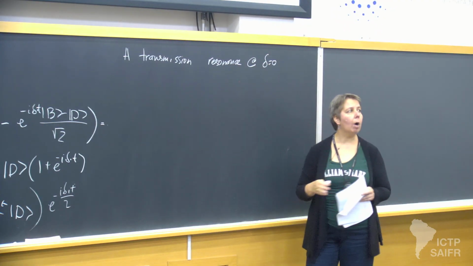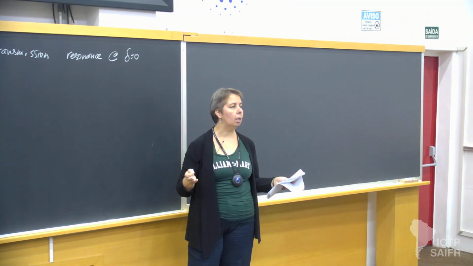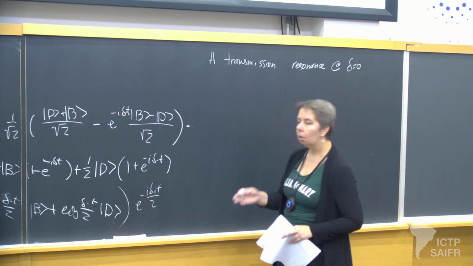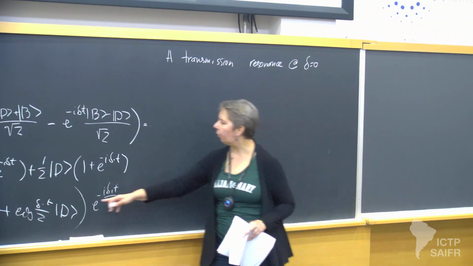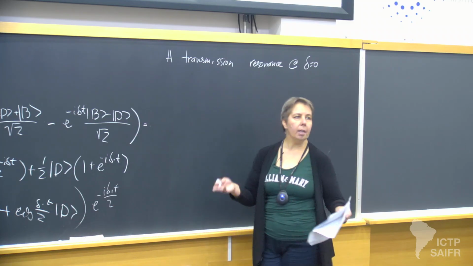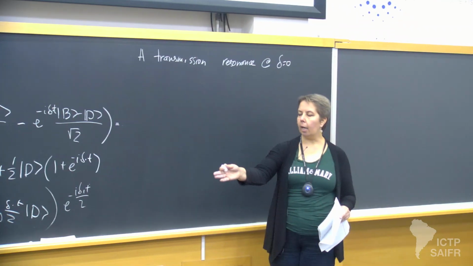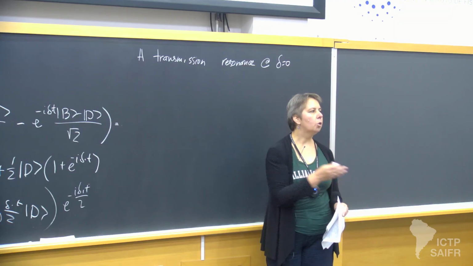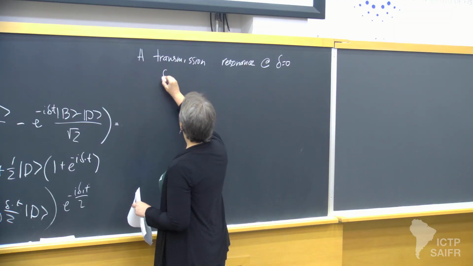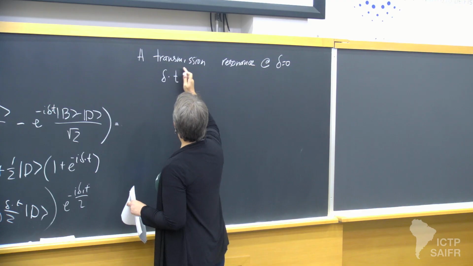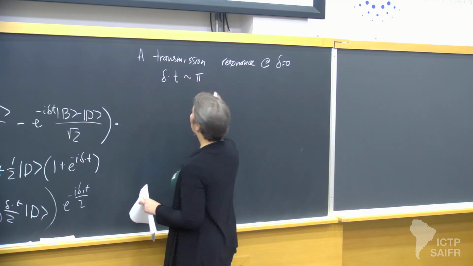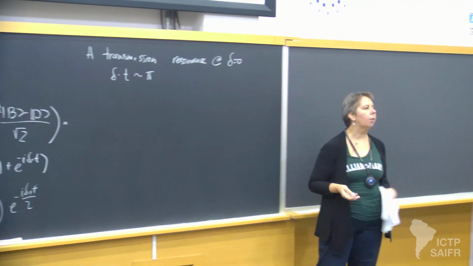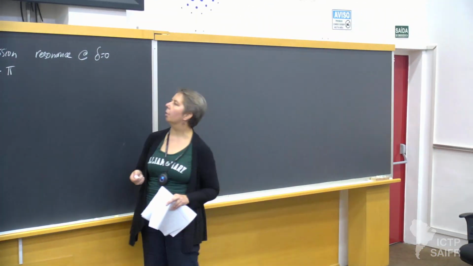Now, how wide is this resonance going to be? You can see that when we acquire a phase of about pi, we go exactly from the dark state to the bright state. So we can say that when delta times time is around pi, more or less, that's where we lose all these fun coherence effects, all the transparency effect.